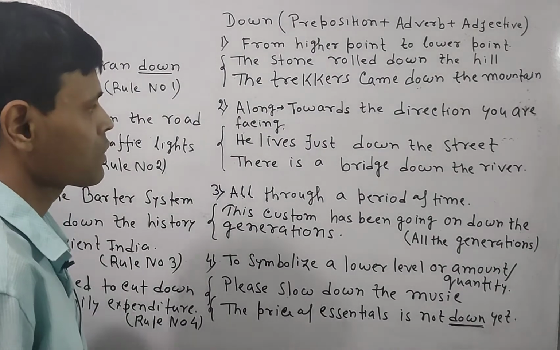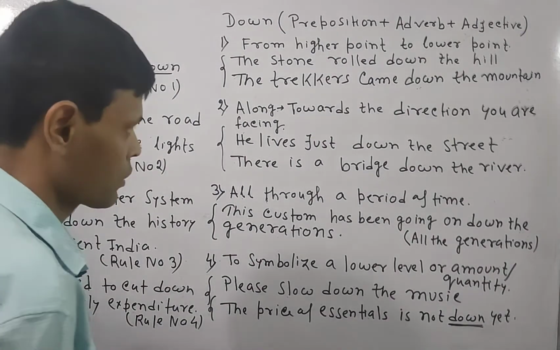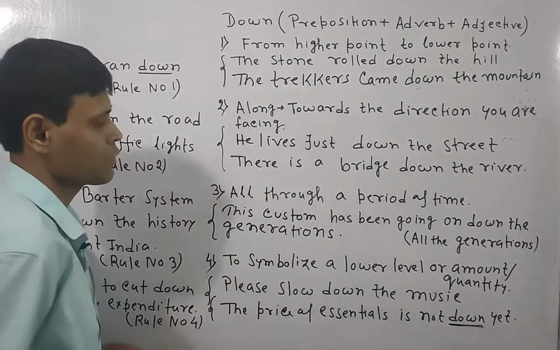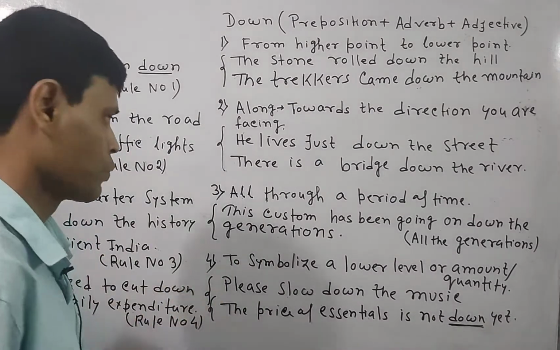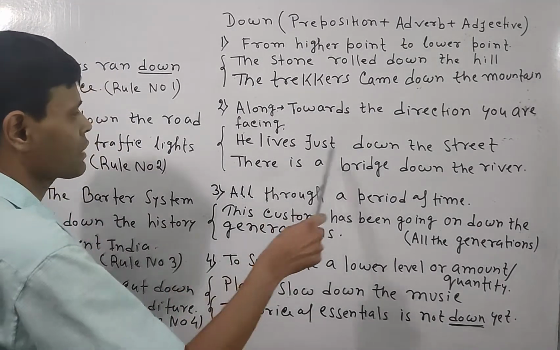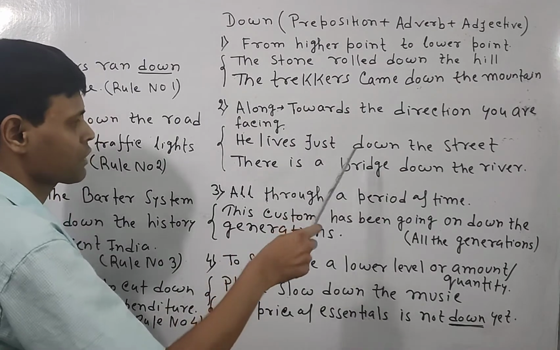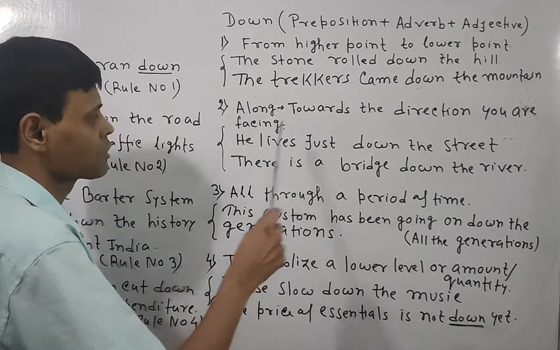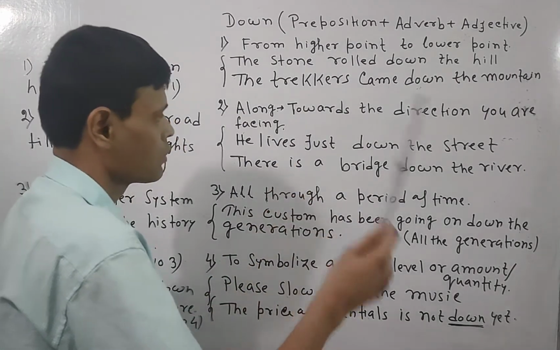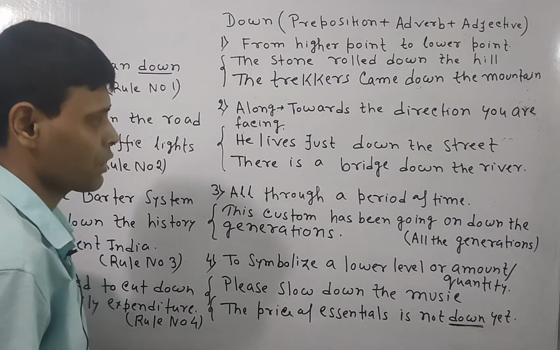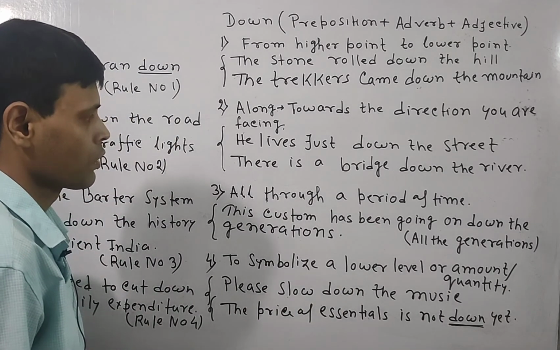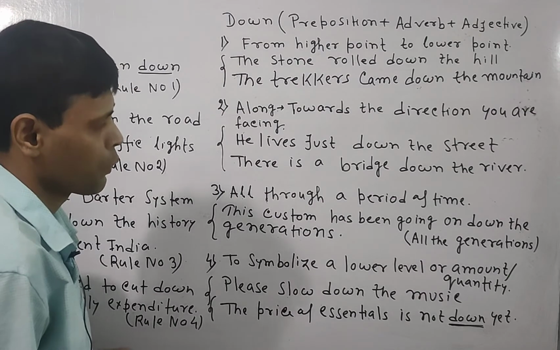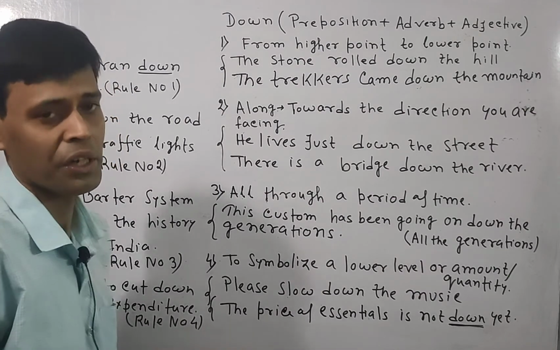Now I would like to go for the next rule, along. This means towards the direction you are facing. So in this case we can also use down. He lives just down the road. He lives just facing the road. He lives just in the direction where the street is located.